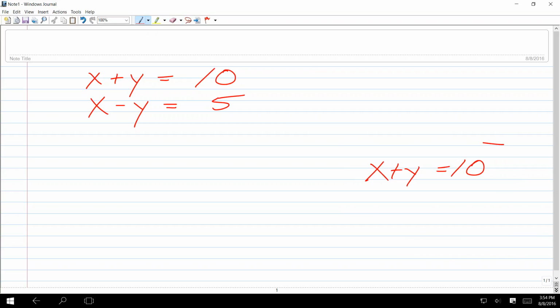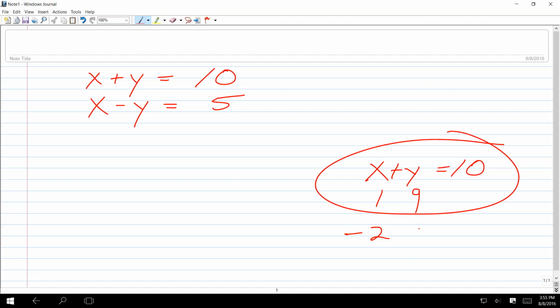How many solutions do we have to that equation? Only one? X could be 1, y could be 9, x could be minus 2, y could be 12, x could be minus 100, y could be 110.